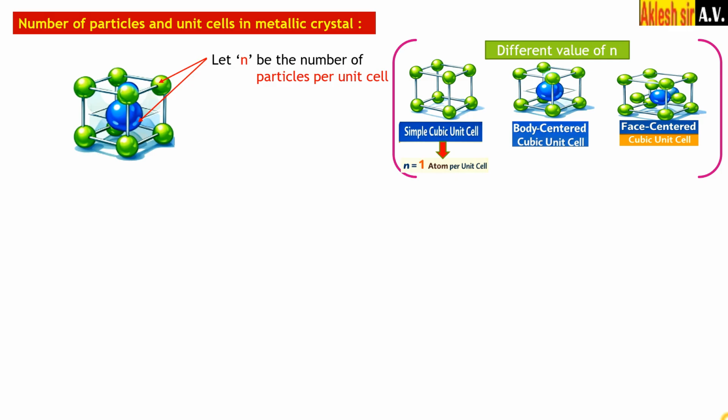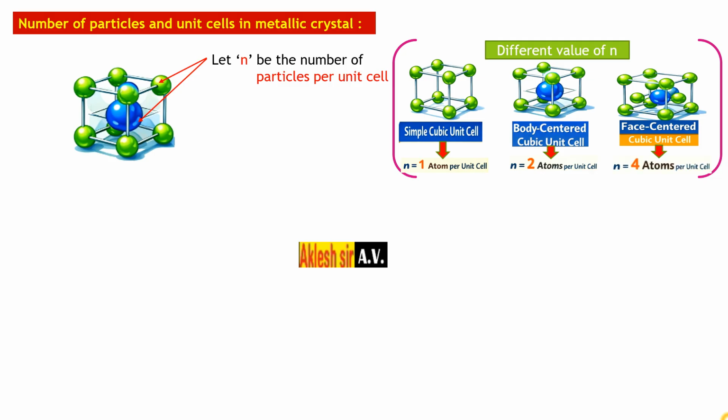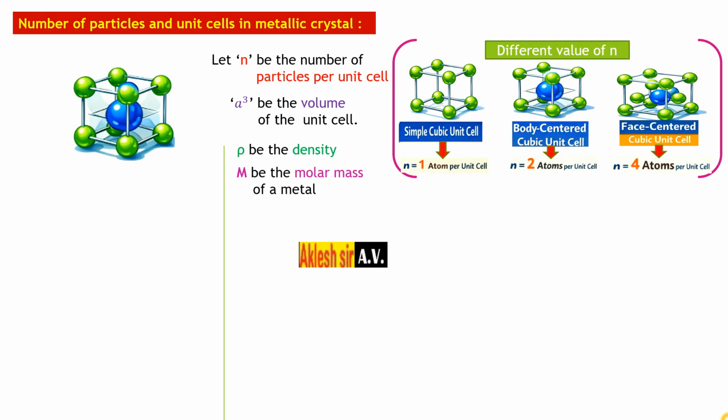In a body-centered cubic unit cell, n is equal to 2 atoms per unit cell. In a face-centered cubic unit cell, n is equal to 4 atoms per unit cell. Let a cube represent the volume of the unit cell. Let ρ, represented by the Greek letter rho, be the density of the metal, and let capital M represent the molar mass of the metal.